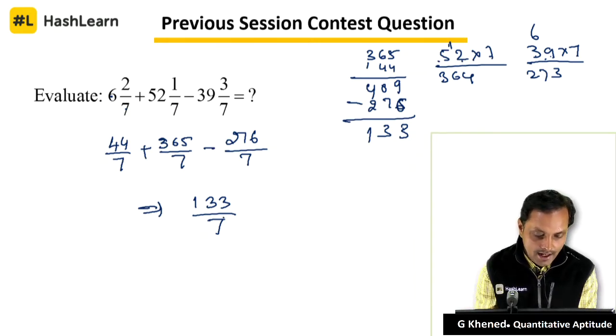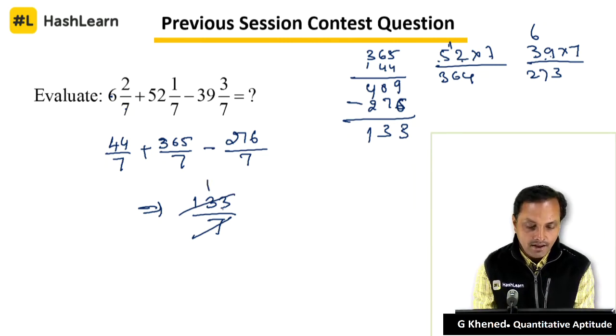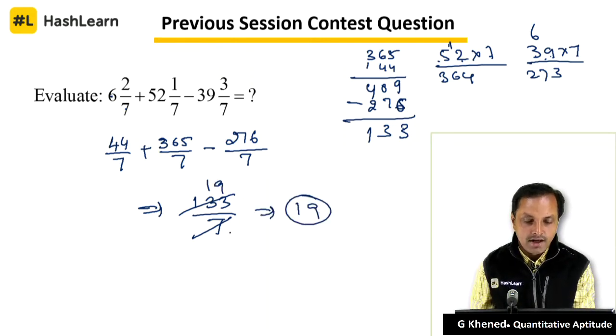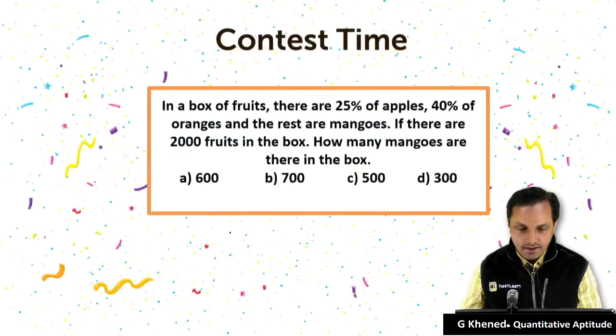If you want to cancel, you can just cancel. 7 ones are 7, remaining is 6, 7 9s are 63, so 19 will be the answer. Okay, that was a simple one.